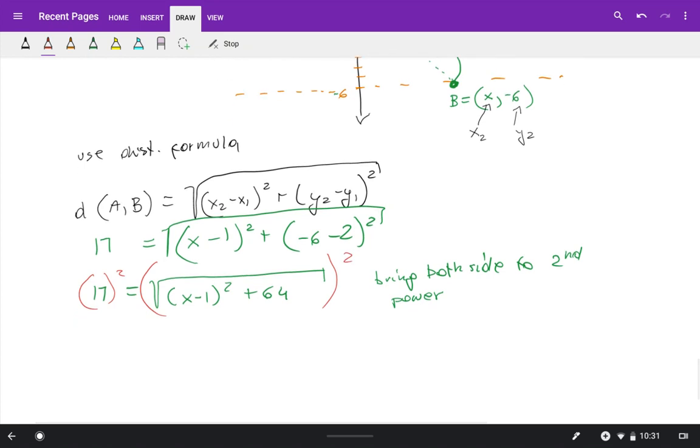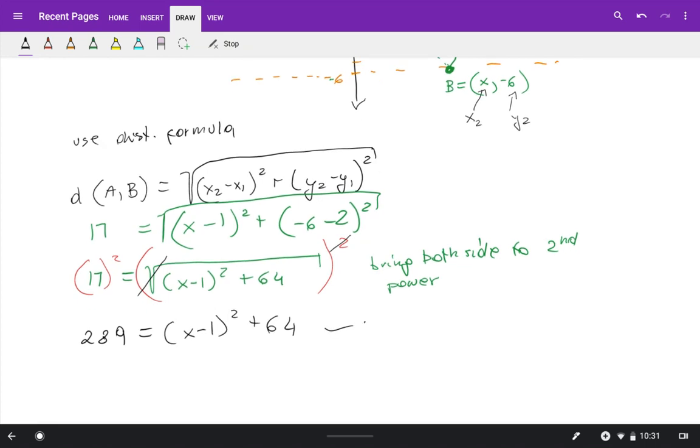So we have 17 squared, which is 289, equal to, and the radical and the square root undo each other, so we have x minus 1 squared plus 64. In this case, I'm not going to FOIL. I'm going to solve this using the square root method.